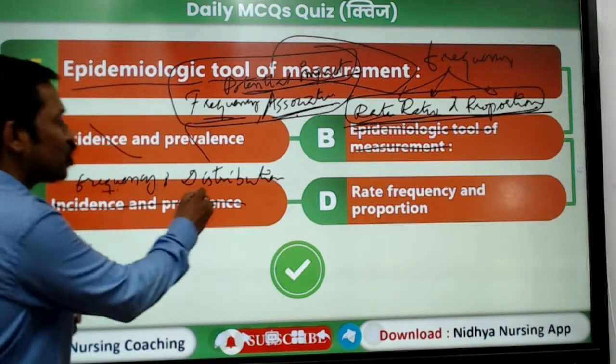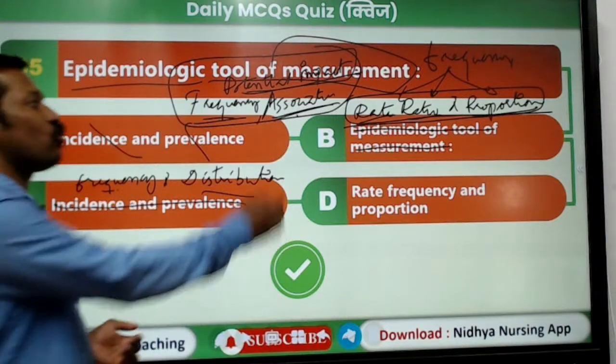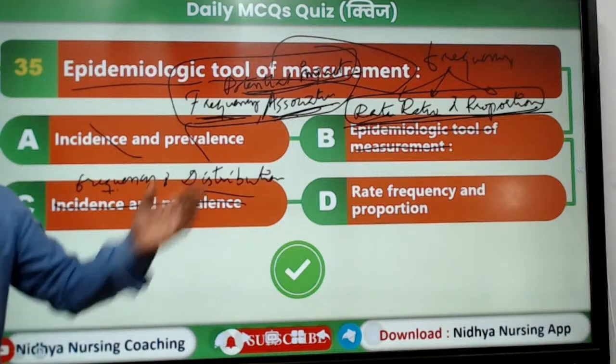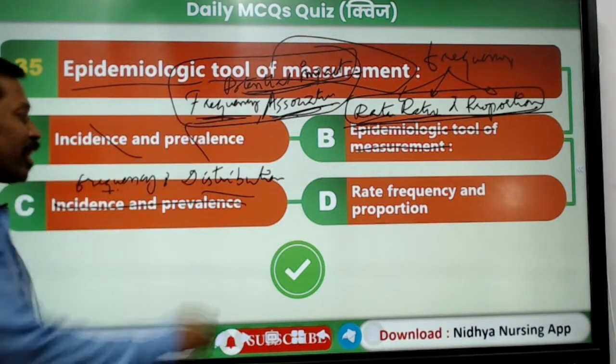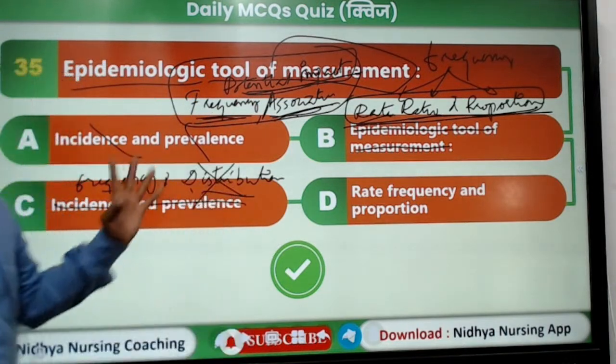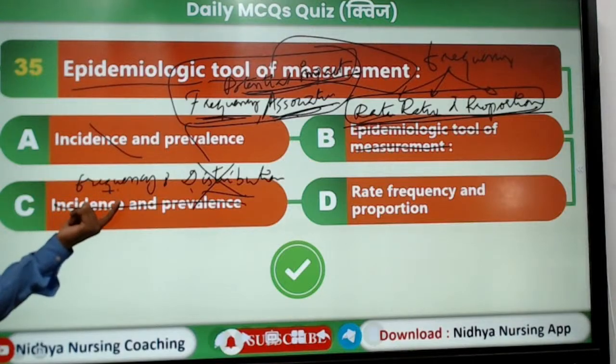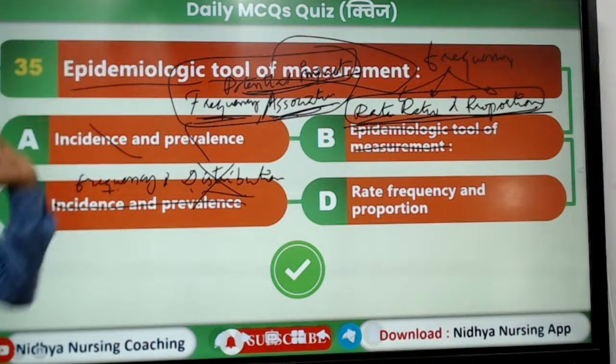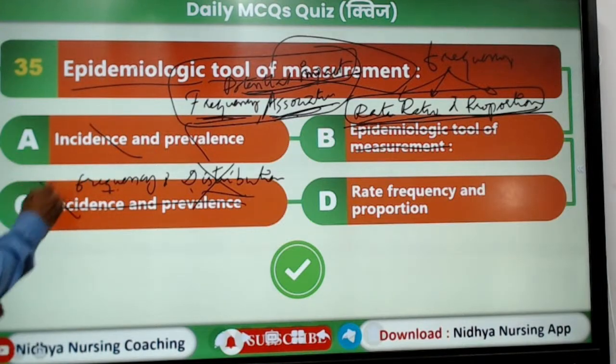It is not distribution, it is frequency, association and potential impact. There is no distribution, that is why this is not the answer. Frequency is there, but distribution is not a tool of measurement in epidemiology, so this is also not the answer.